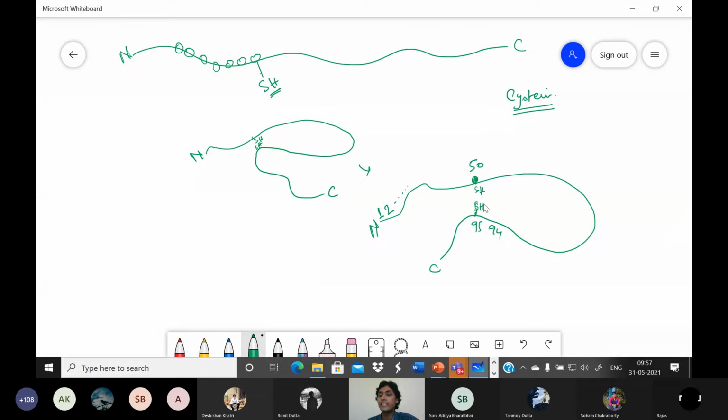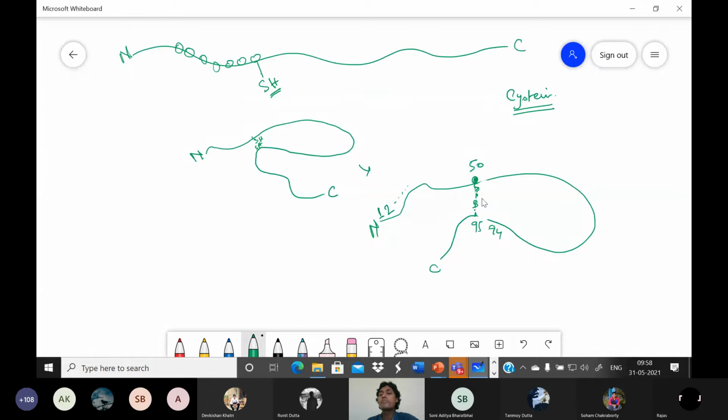If they have SH in oxidizing condition, what can happen here is that these SH groups can form a disulfide bond, a covalent bond. In oxidizing condition, it will make a disulfide bond.